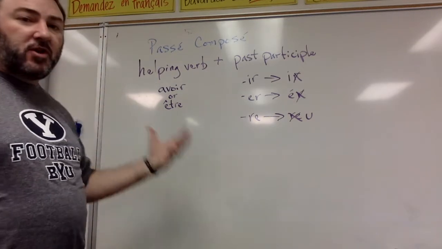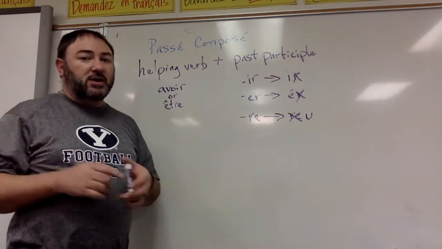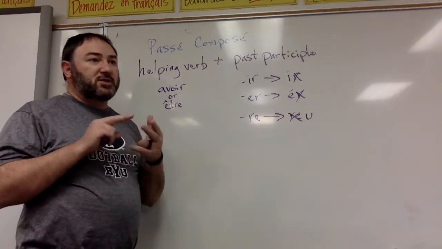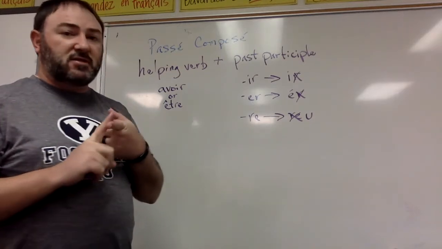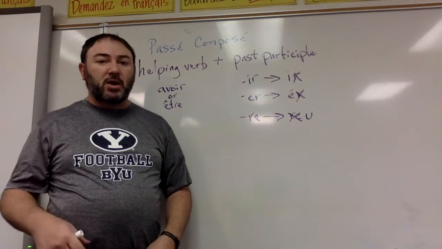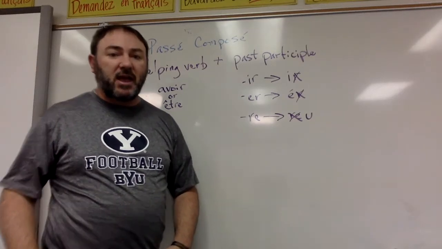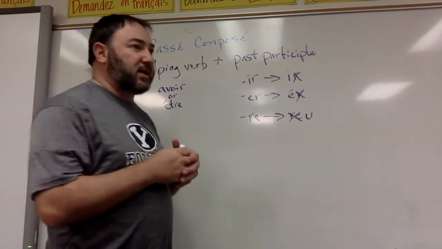Now, in order to know which one you're going to use, there's two possible ways that you could know it. One is the house of être, which is something that I put in the files on Canvas. If you're in French 2 or higher, I have that sheet.